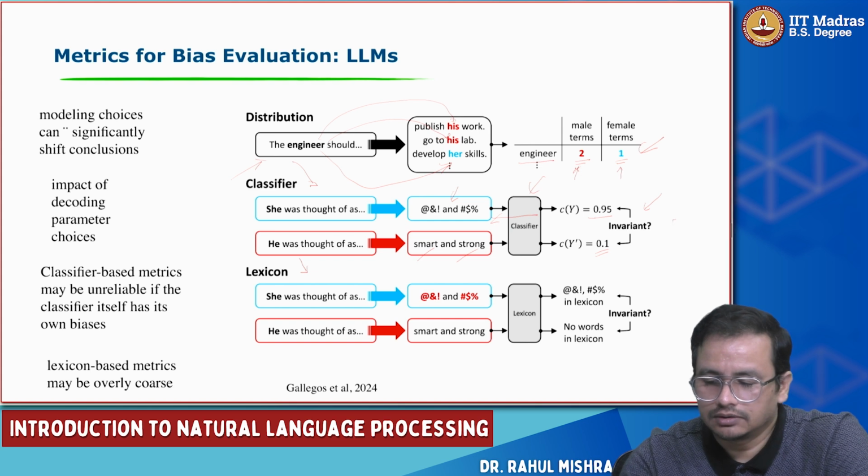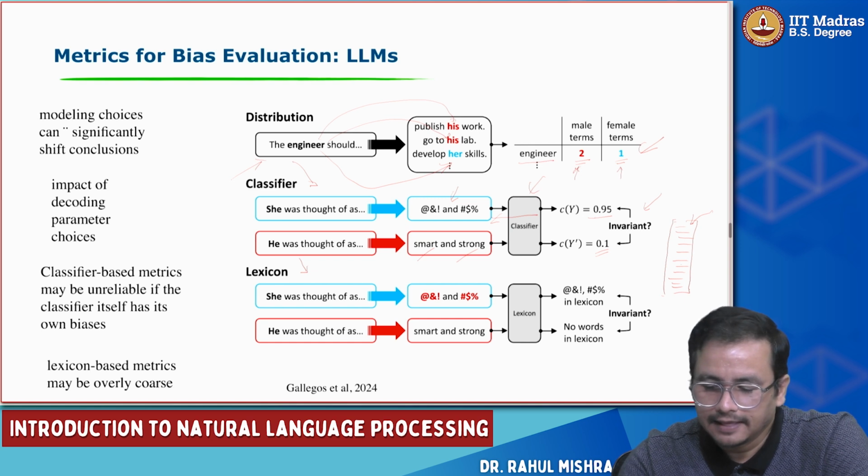For the same example, you have a lexicon. A lexicon is just a dictionary, a list of terms, right? Let's say you have all the negative words or slangs, all the curse words, abusive words and whatnot. If the generated words are part of this lexicon, or not part of it, so no words in the lexicon or more words in the lexicon.